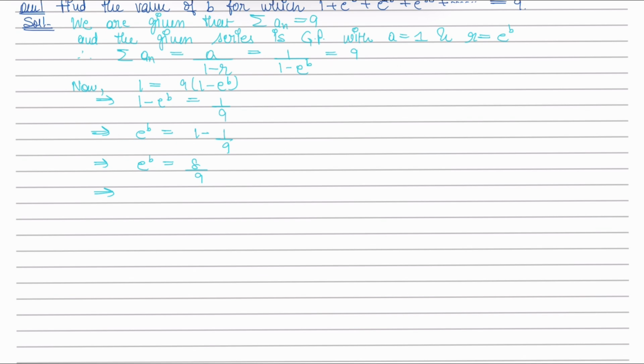From here, taking log on both sides, we get b is equal to log of 8 by 9. So the given series will converge if we take the value of b as log of 8 by 9.